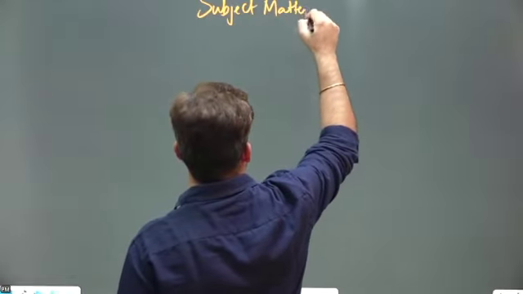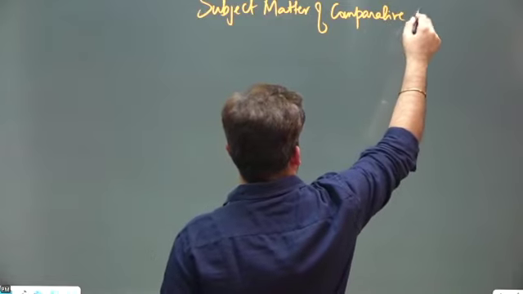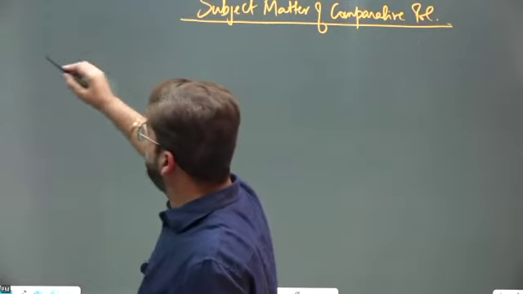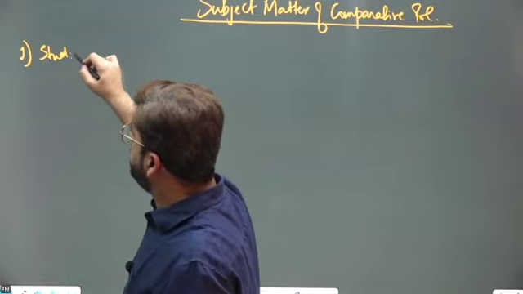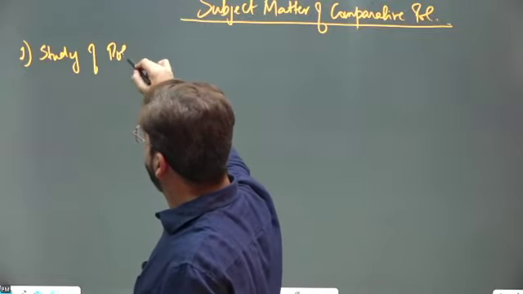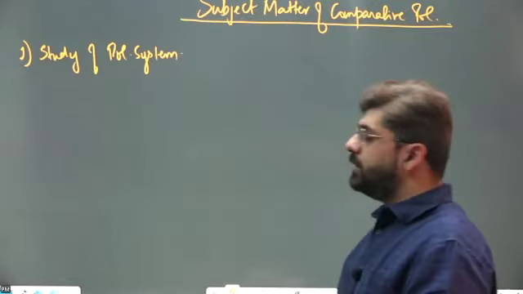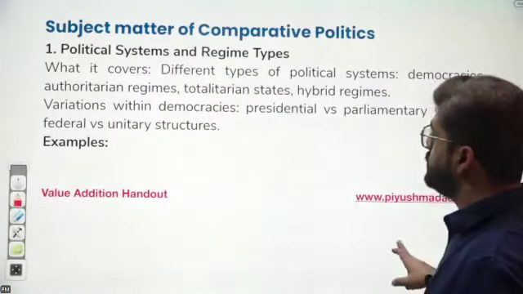So when I talk about the subject matter of comparative politics, I talk about the study of political system, the black box. We study this as a part of systems approach.